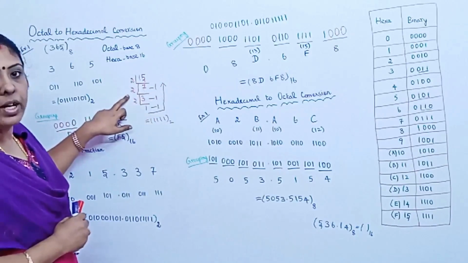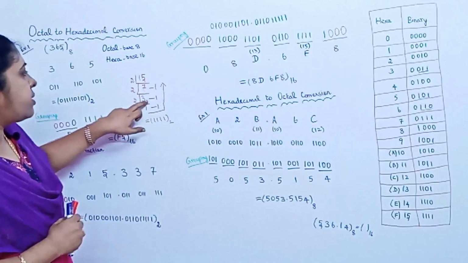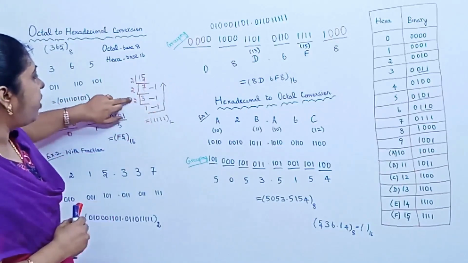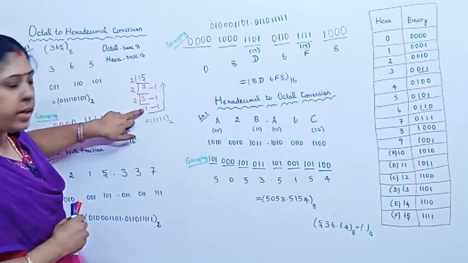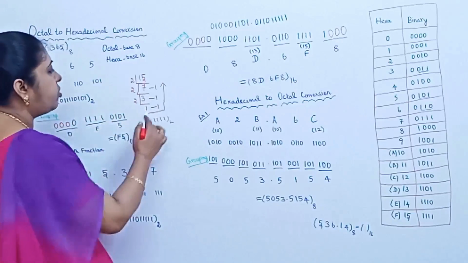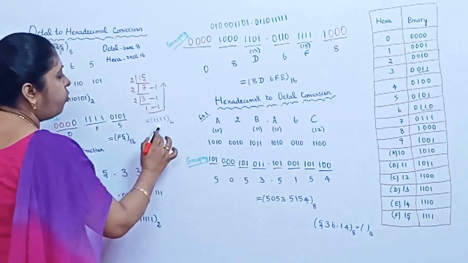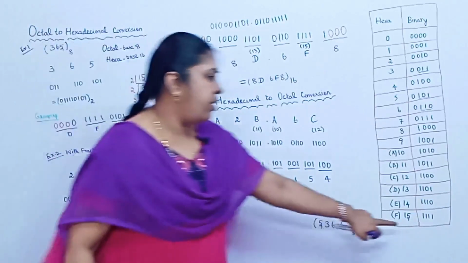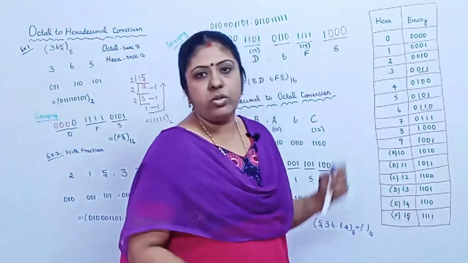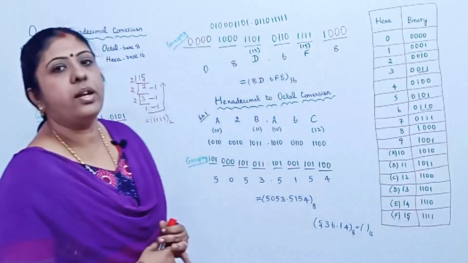Similarly, 7 divided by 2, 2 threes are 6, remainder 1. At the end, 3 divided by 2, 1 into 2 is 2, remainder 1. Writing from the bottom to the top, we get 1111, that is the value. Similarly, for other digits you can easily calculate.